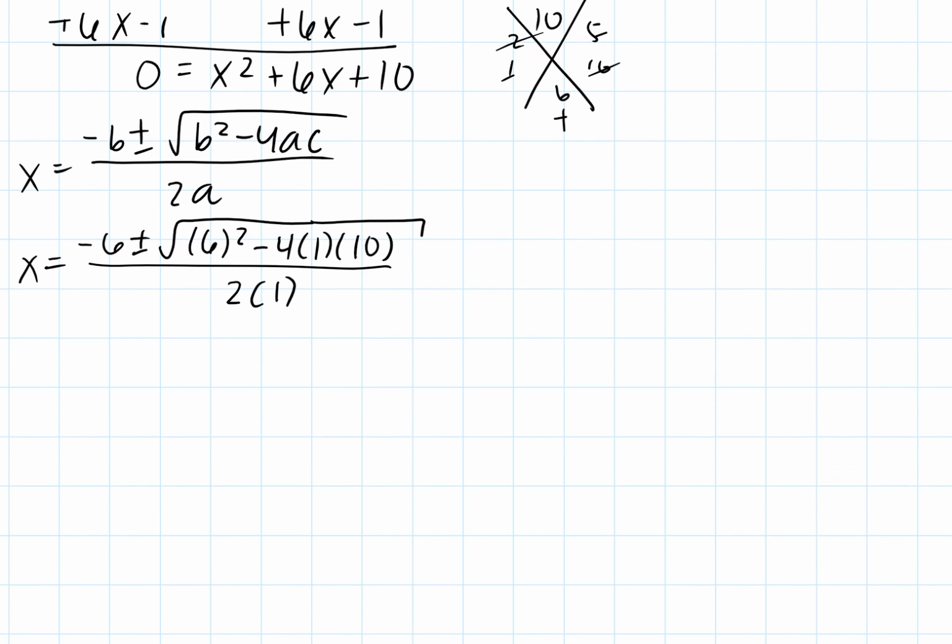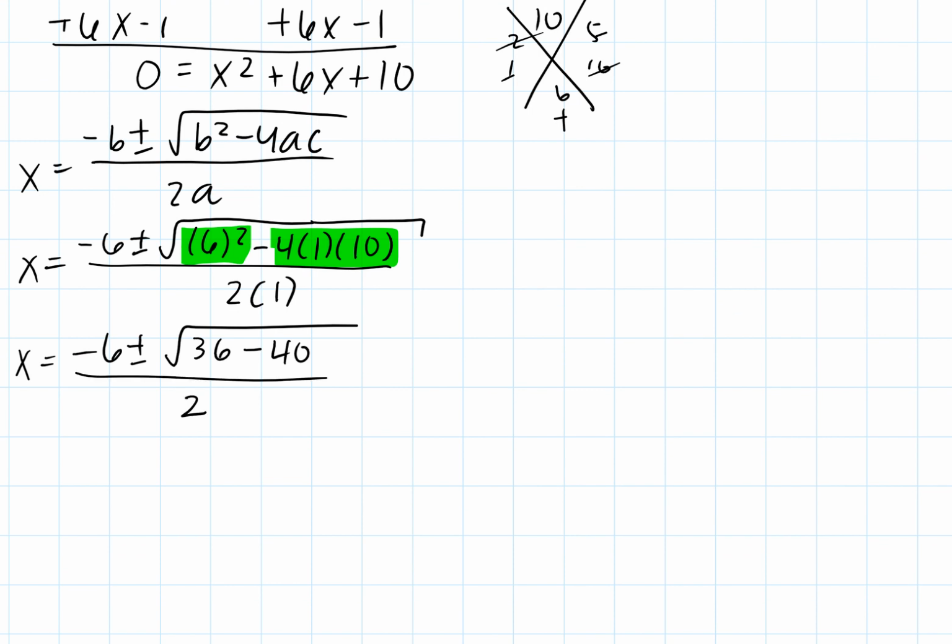Order of operations tells me I need to do the exponents and the multiplication first. I'm just going to bring down that minus sign in between them. Now, for our purposes here, we can actually stop at this point.